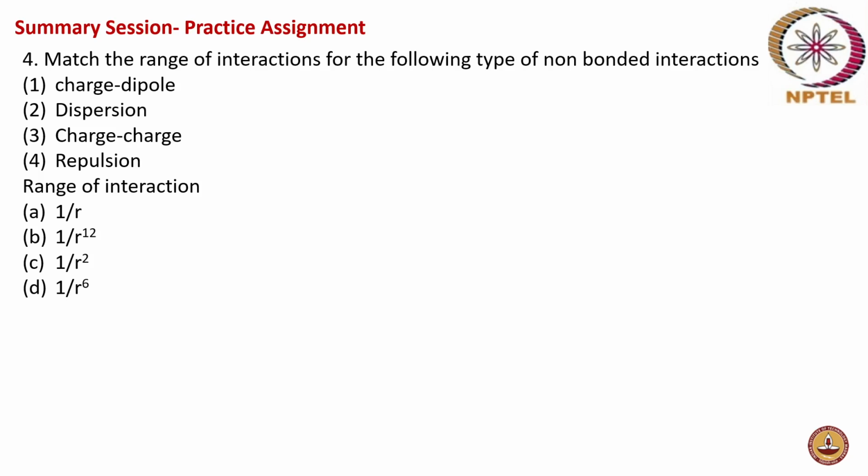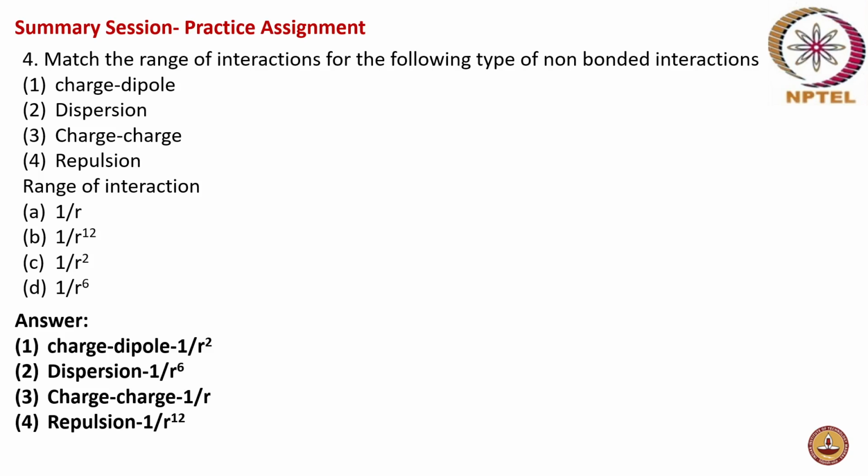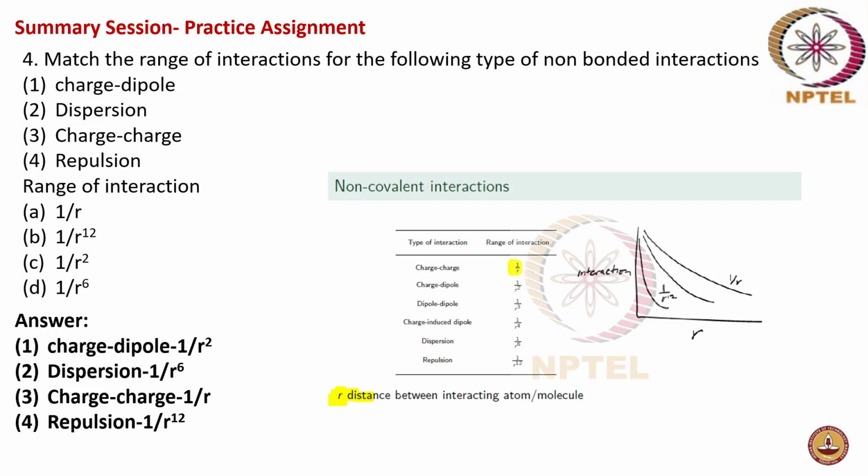Don't remember. Okay, let's see. So, charge dipole is 1 by r square. Dispersion is 1 by r power 6. Charge is 1 by r. And repulsion is 1 by r power 12. So, this was discussed in the lecture on non-covalent interactions, non-bonded interactions. R is the distance between the interacting atoms or macromolecules.